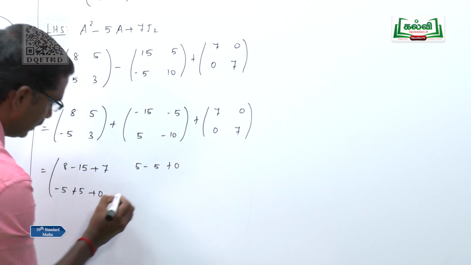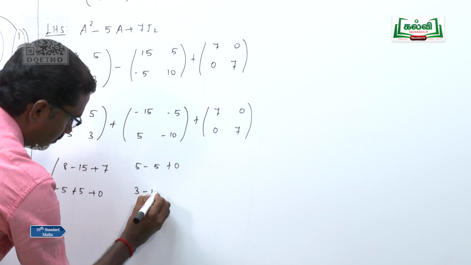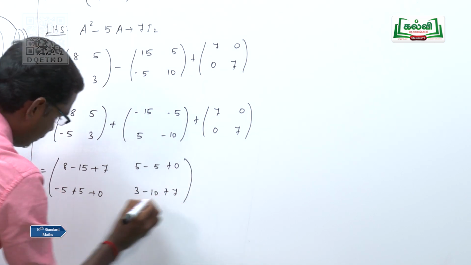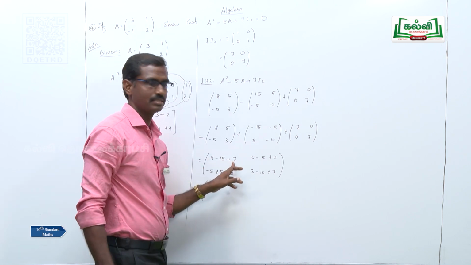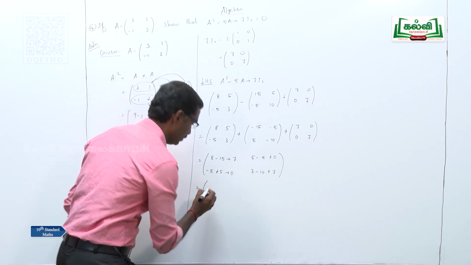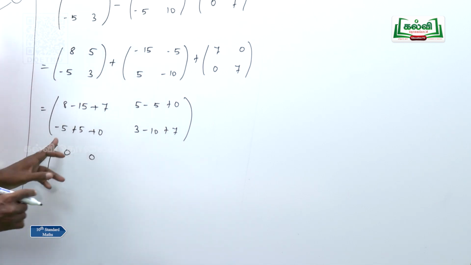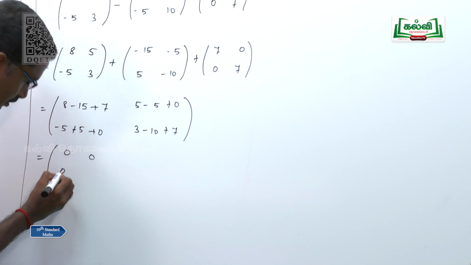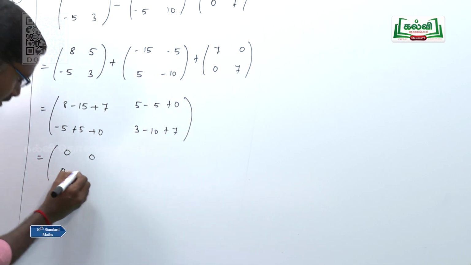Corresponding element for 3: 3 minus 10 and then plus 7. Now we can simplify: 8 plus 7, plus 15 minus 15, you will get 0. Plus 5 minus 5, you will get 0. Minus 5 plus 5, you will get 0. Next plus 3 plus 7, minus 10, if you subtract you will get 0.